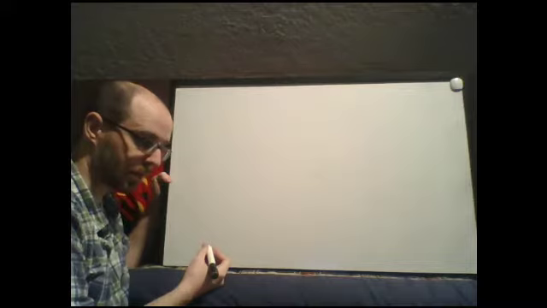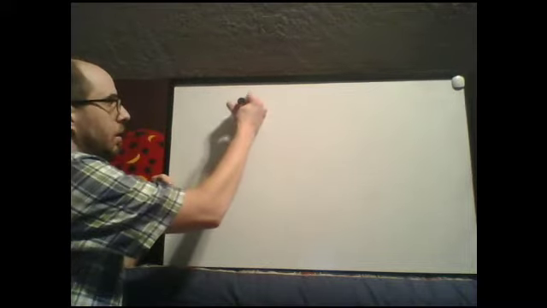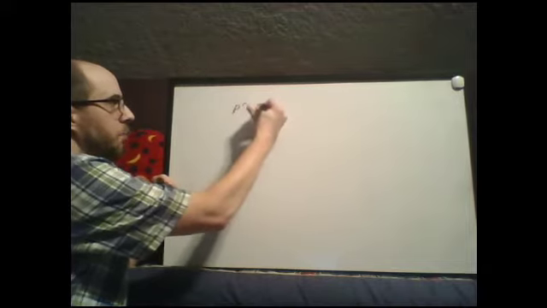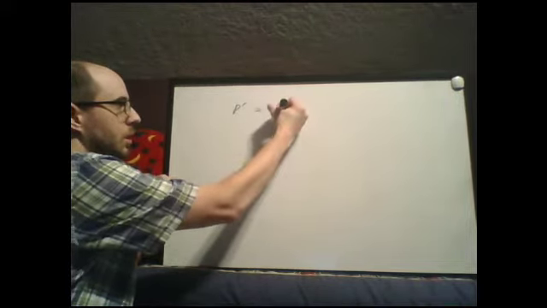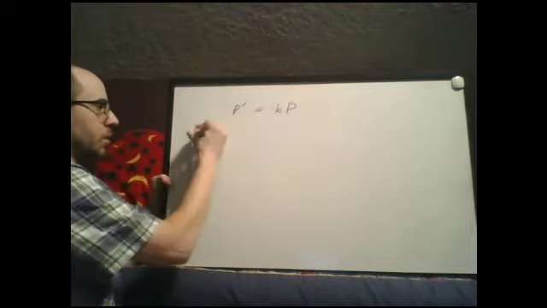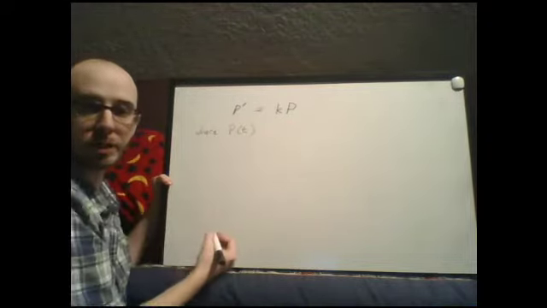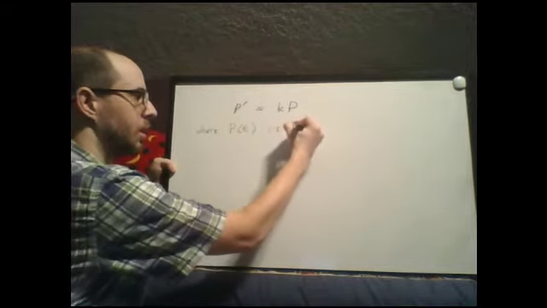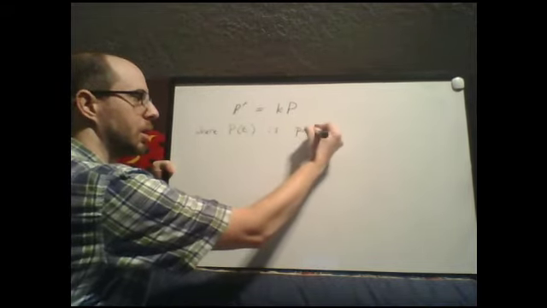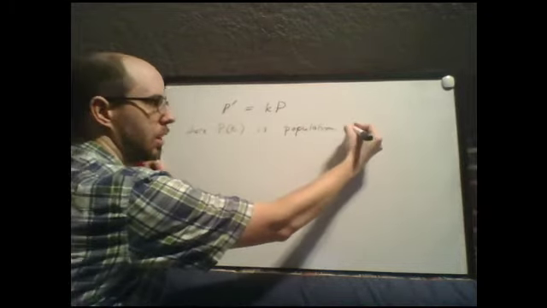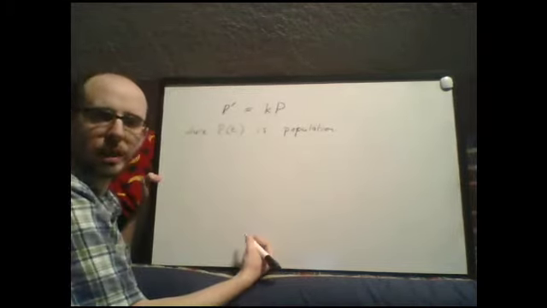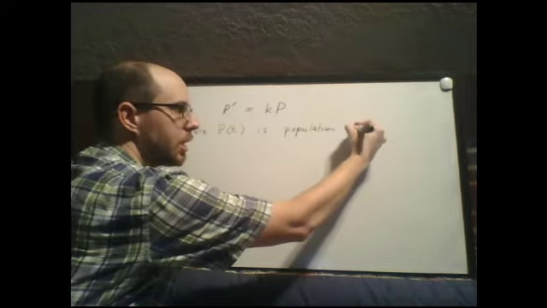Another example that you've possibly seen before in calculus 1 would be an equation like this: P prime equals k times p, where p of t, so p is a function of a time variable t, is a population of some nation or some city in year t.